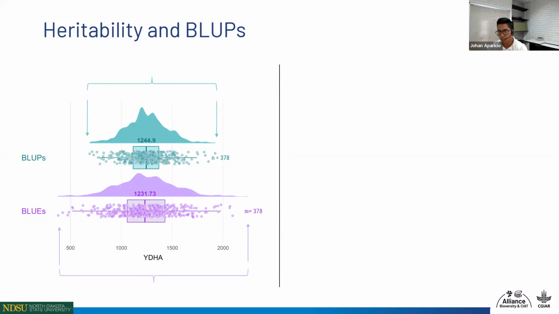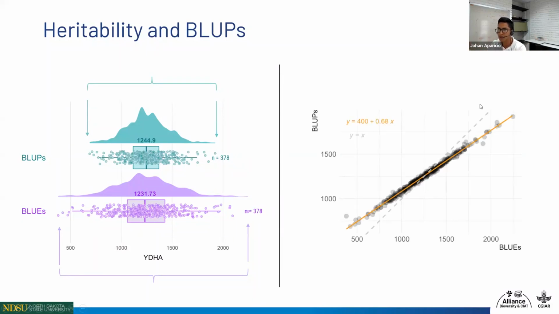This is basically the shrinkage, and that level of shrinkage is what is called the heritability. This is also a method for estimating the broad sense heritability. We fit a linear regression, and we take the slope of that linear regression, and that's going to be the broad sense heritability.